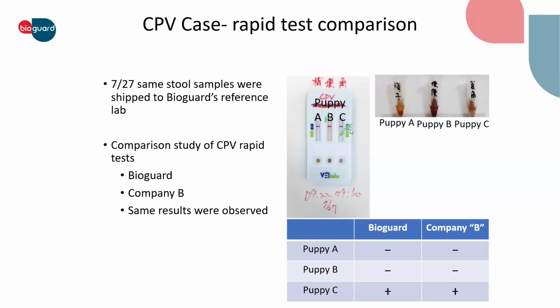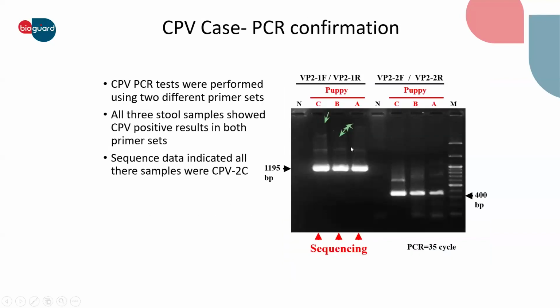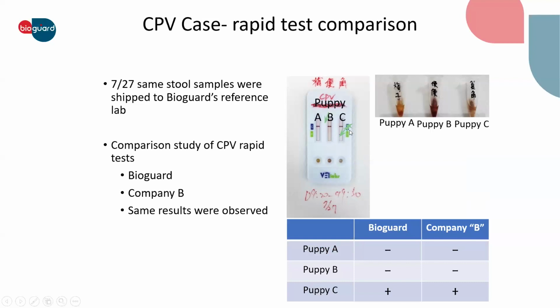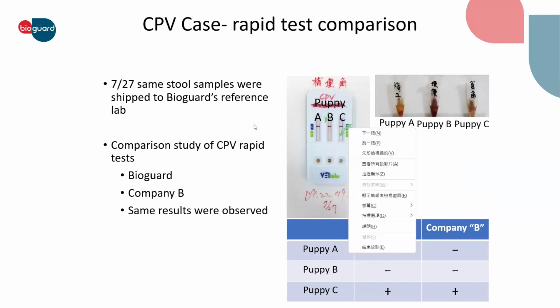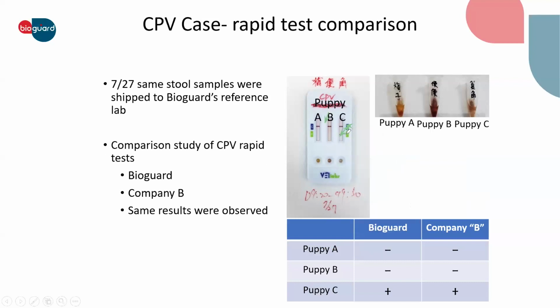And same thing. The green indicator here kind of interferes with puppy C's result. Puppy C's result here is actually positive in this case, and puppies A and B both show negative. Let me adjust the photo a little bit to let you see it more clearly.